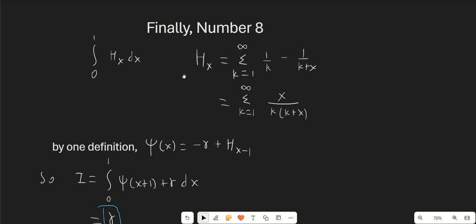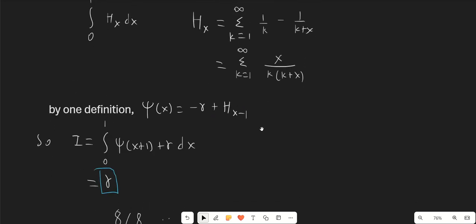And something interesting about this is that because of the properties of the fractional harmonic numbers, they're basically defined by the fact that they need to be continuous and differentiable, and f of n plus 1 has to be f of n plus 1 over n, and that actually matches up exactly with what the digamma function is. So the digamma function can also be defined as negative gamma plus h sub x minus 1.